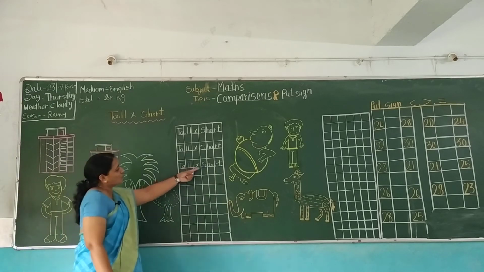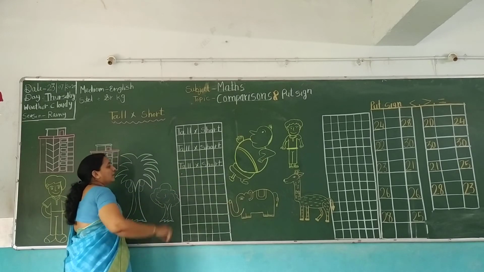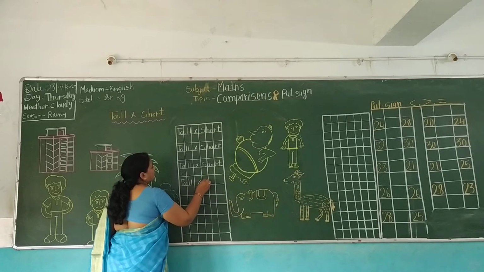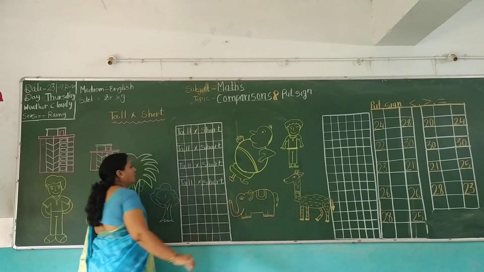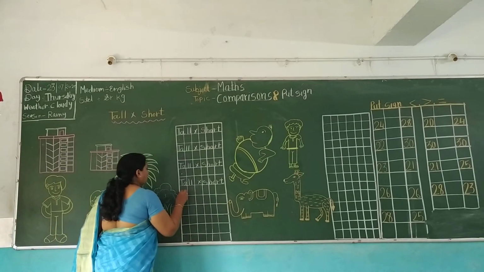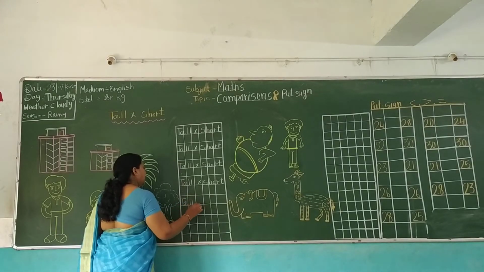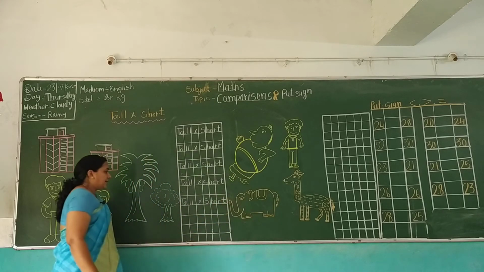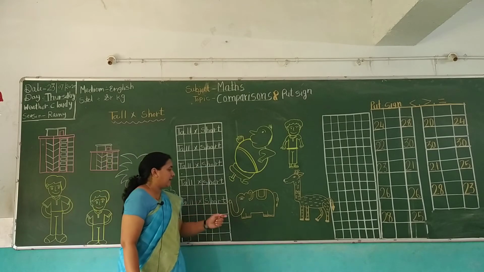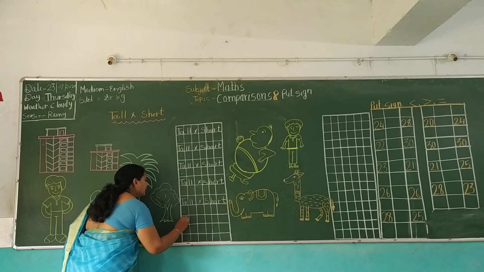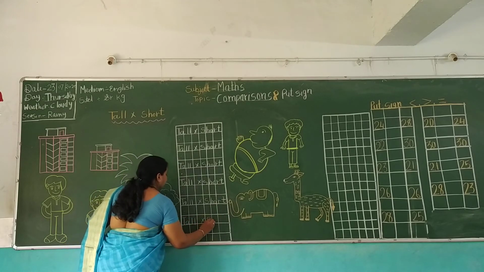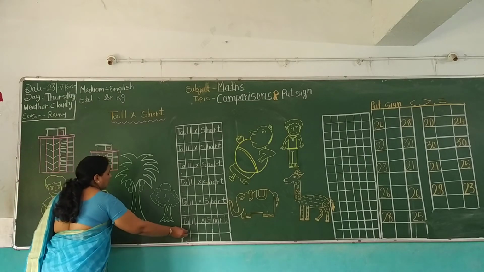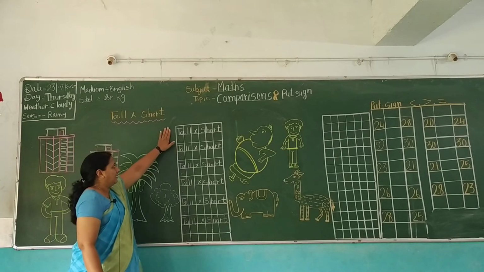Repeat this, leaving one block each time. Children, you maintain the line when you write in your notebook.